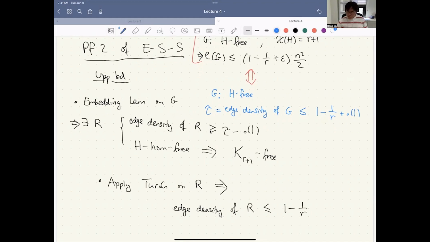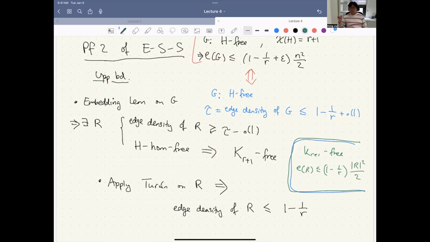Turan's theorem says, for K_{chi+1}-free, E of R is at most 1 minus 1 over chi times the number of vertices squared over 2, normalized by R choose 2, slightly bigger than R choose 2.